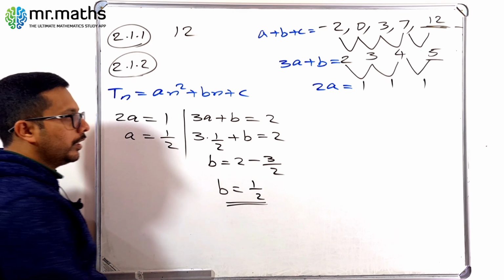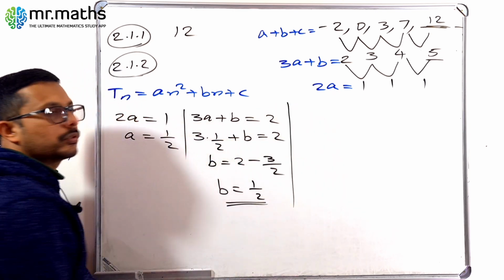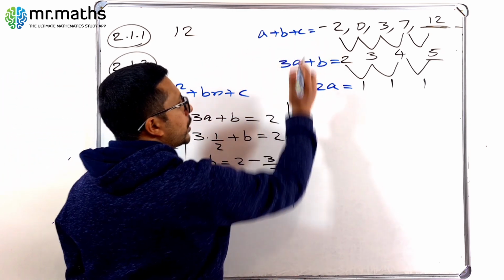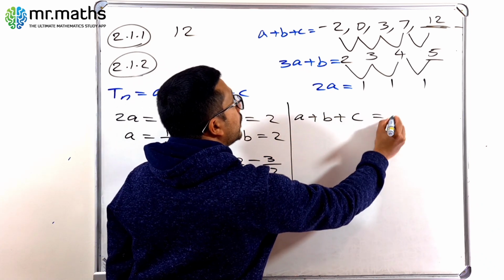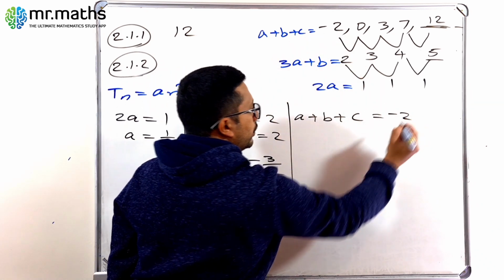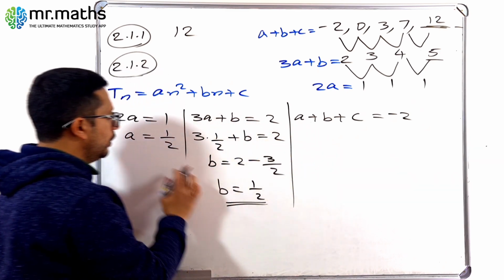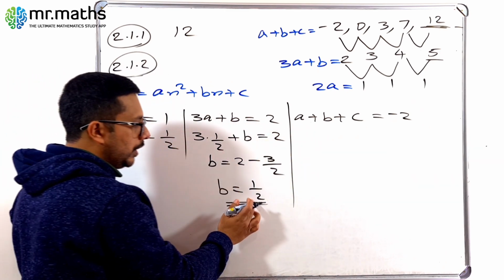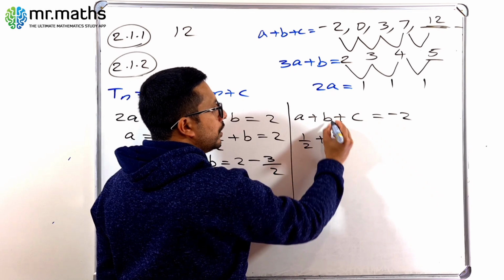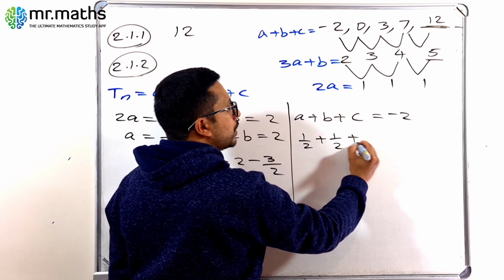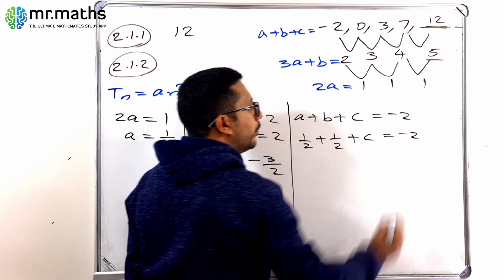Now what we want to find is the value of c. For that, take the next equation: a plus b plus c is equal to minus 2. What is the value of a? A is half. B is also half. So it is half plus half plus c is equal to minus 2.